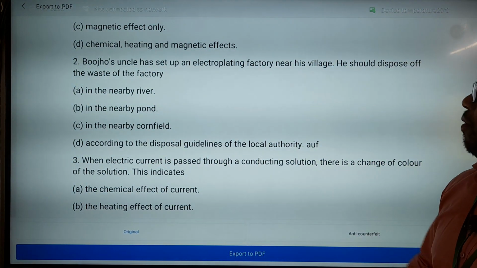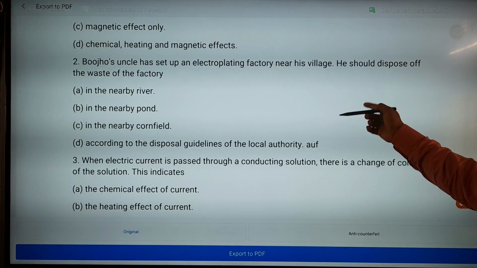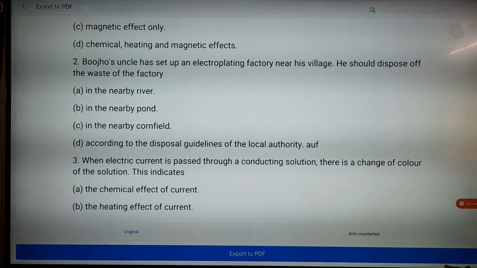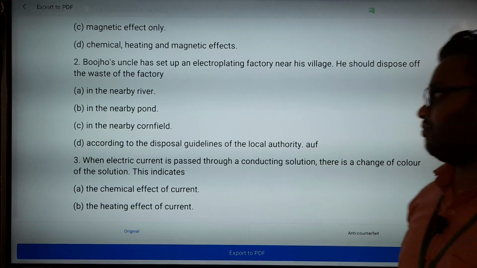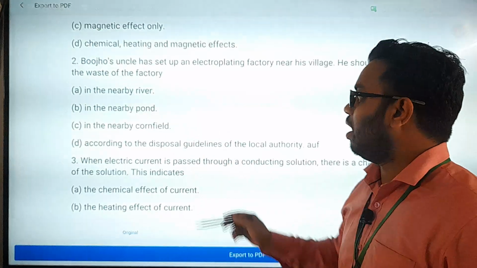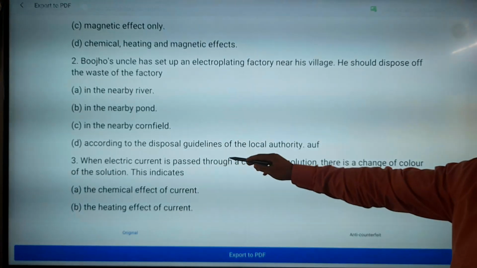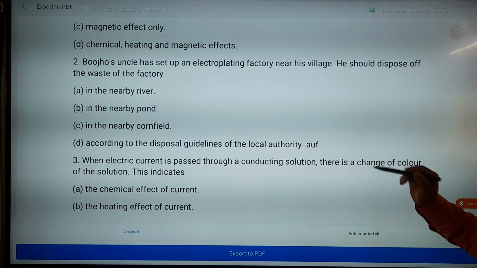Then 2. Bujo's uncle has set up an electroplating factory near his village. He should dispose of the waste of the factory in the nearby river, nearby pool or nearby cornfield, according to the disposal guidelines of the local authorities.